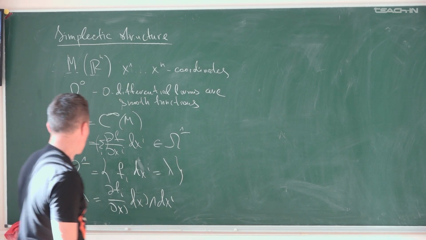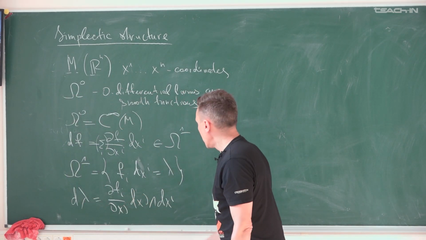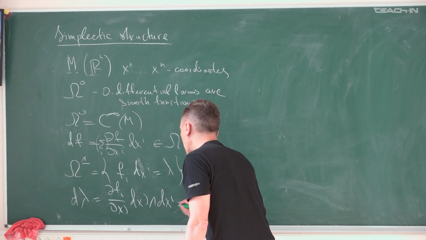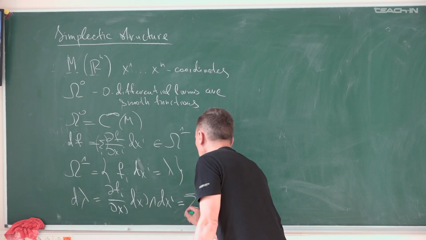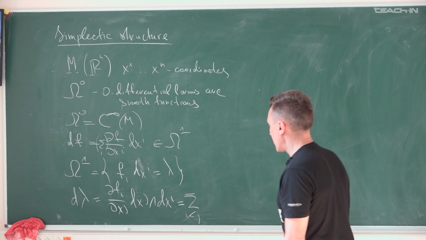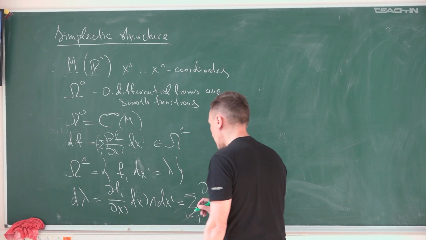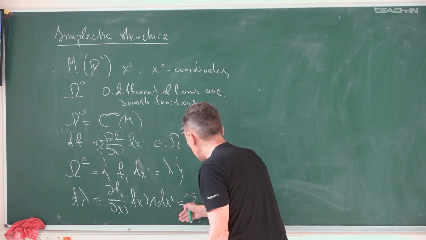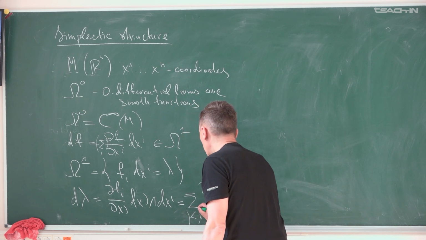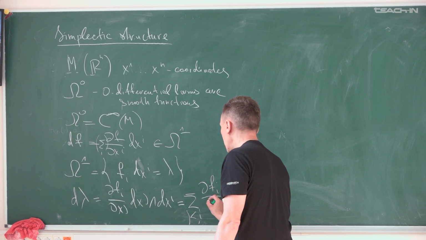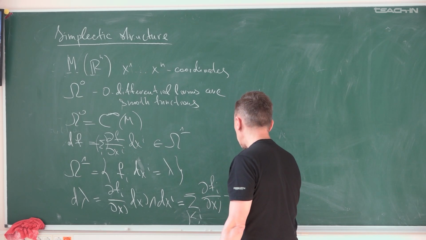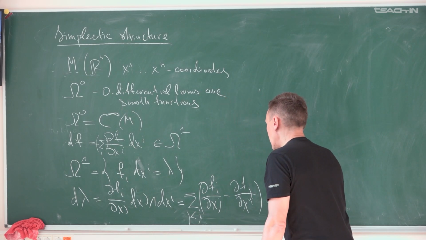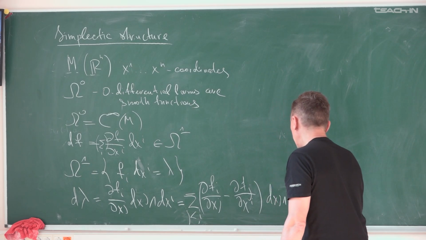Here is the summation over all i and j, and this is also a skew product, so we have to write it as the sum over i lower than j of (∂f_i/∂x^j − ∂f_j/∂x^i) dx^j ∧ dx^i.